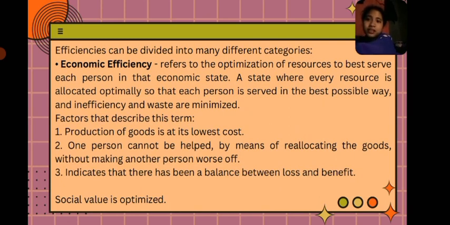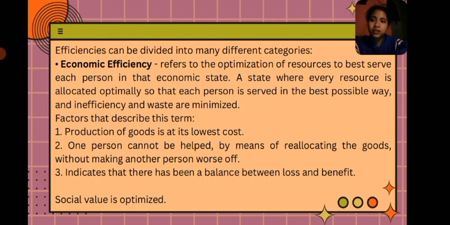Efficiencies can be divided into many different categories. First, economic efficiency. This refers to the optimization of resources to best serve each person in that economic state, a state where every resource is allocated optimally so that each person is served in the best possible way, and inefficiency and waste are minimized.